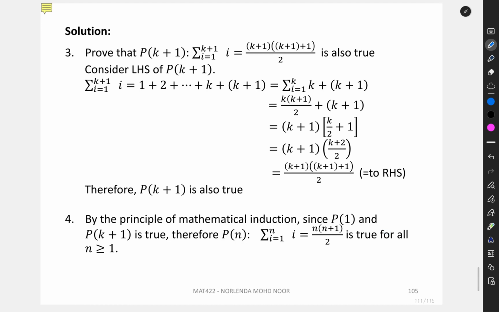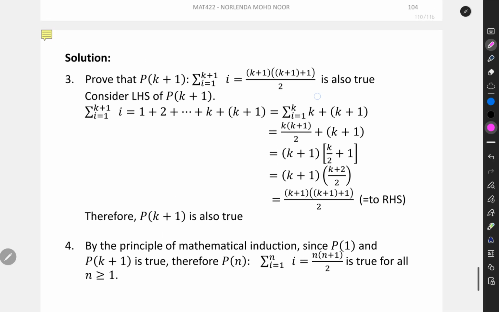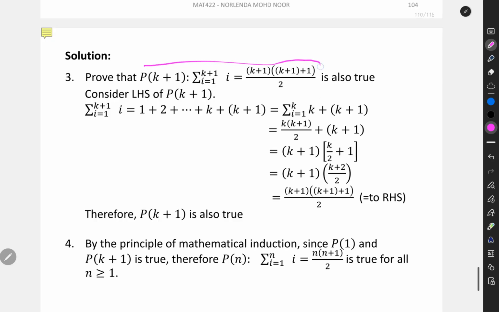So this is the P of k. Okay. This is the statement P of k plus 1. Alright. Which one is the left hand side? This is the left hand side of your P of k plus 1 kan? Yes. Okay, so now this is the right hand side of your P of k plus 1.